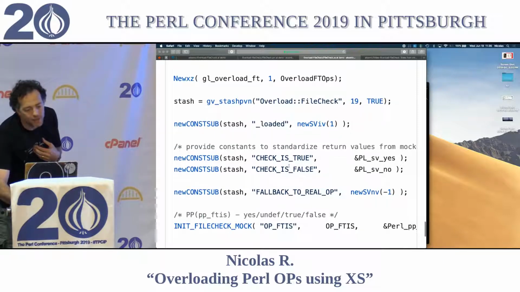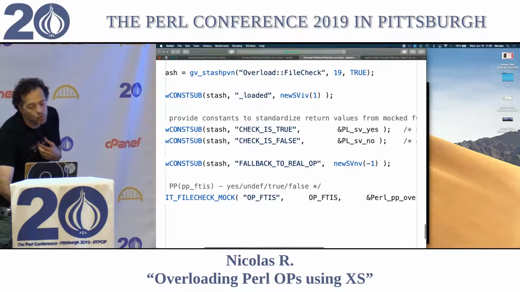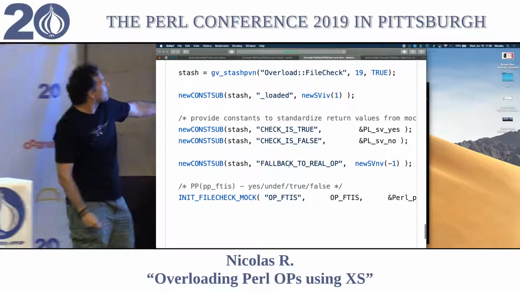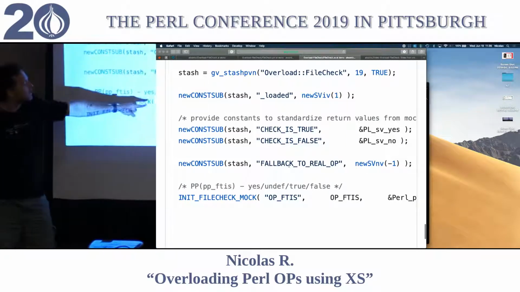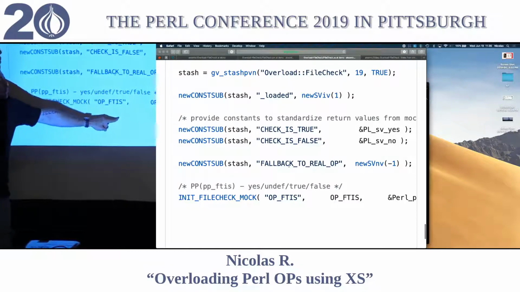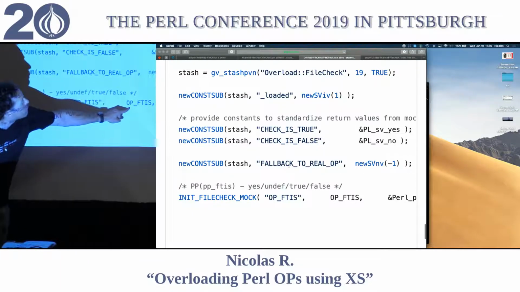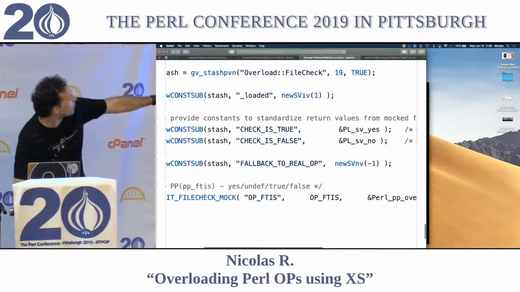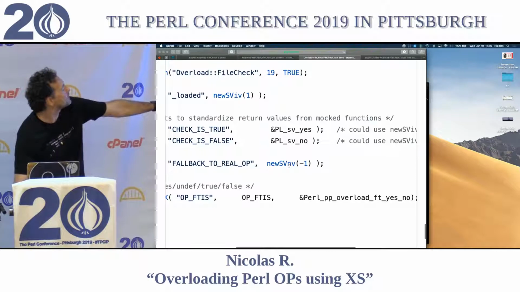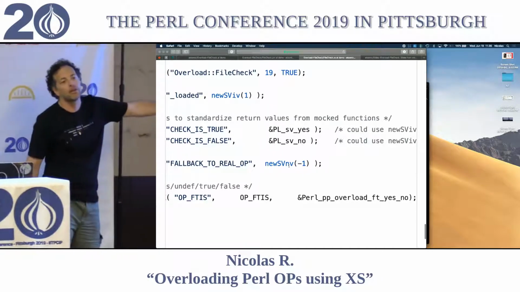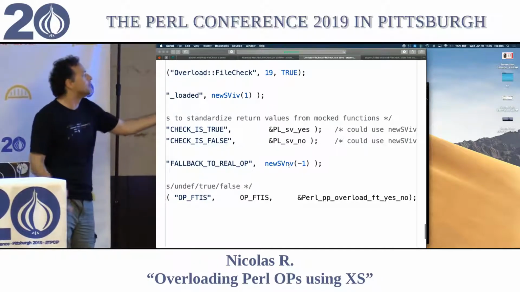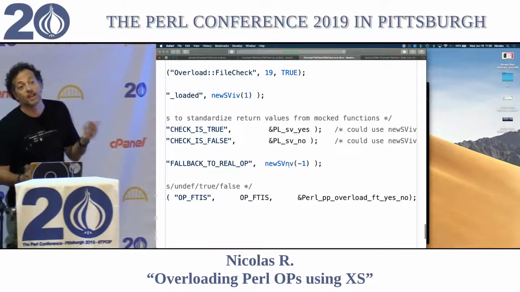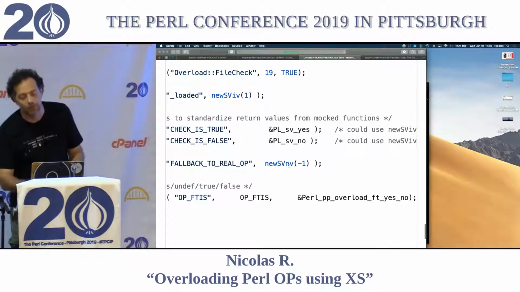And what we are doing at boot time is saying, I want to initialize the mock of a file check, named op ft is, with the code of ft is. So that's the enum in C, a number there. And for this op, I'm going to use that helper as my custom overload, mainly because that function is mainly returning yes or no. Some other checks like -s will not return only yes or no.